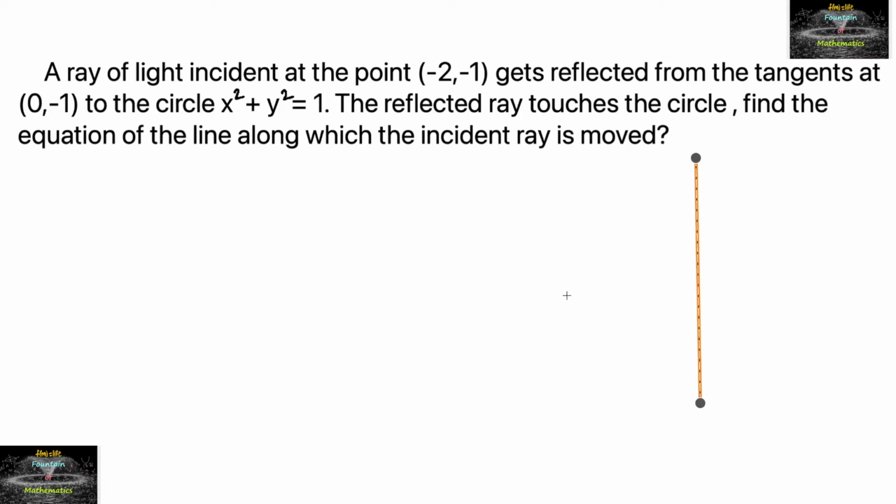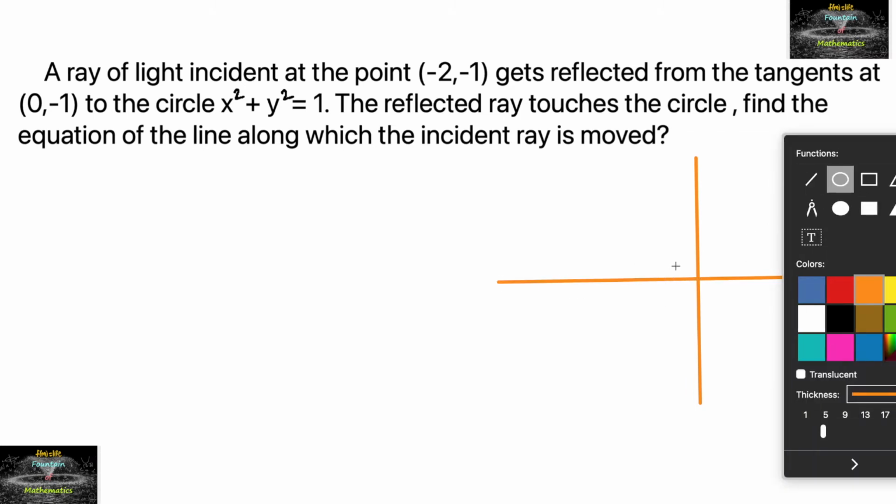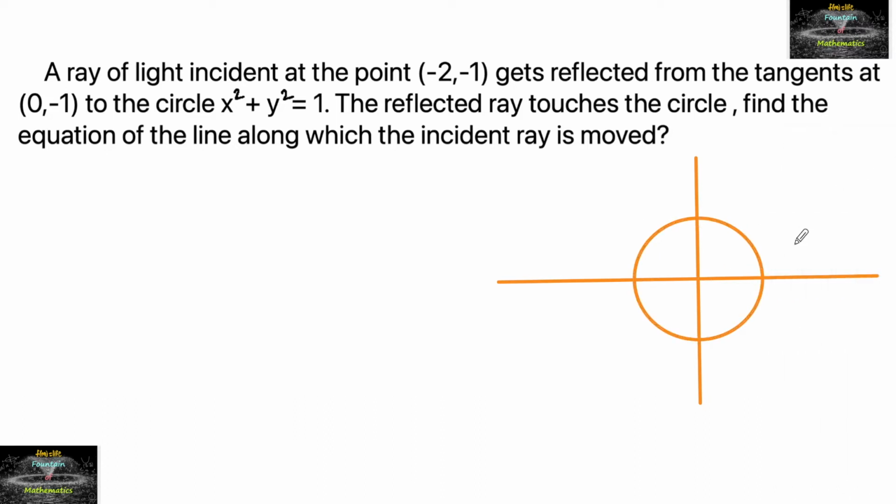So here there is a circle, standard circle, x square plus y square is equal to 1. Let's consider this is a circle with 0, 0 center and radius 1 unit.